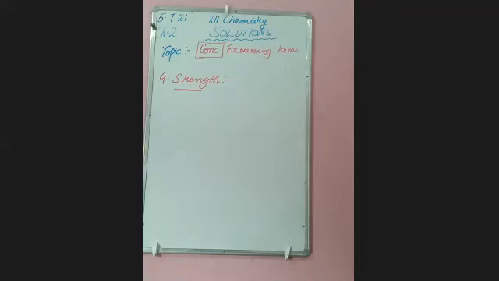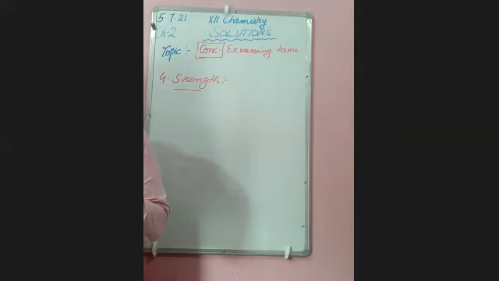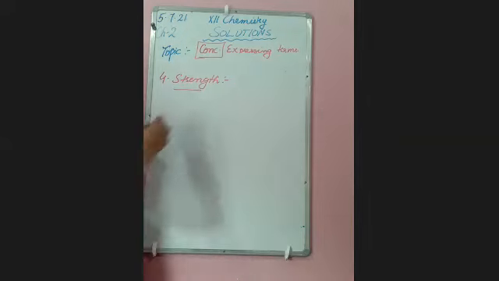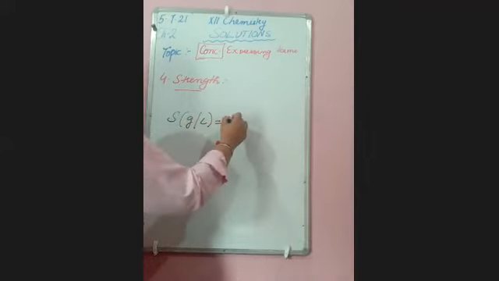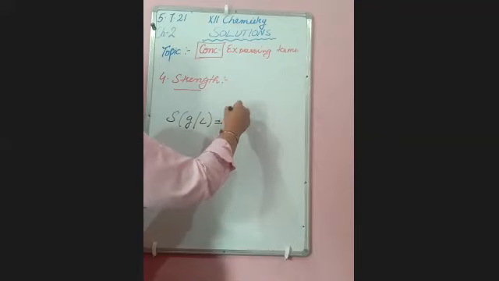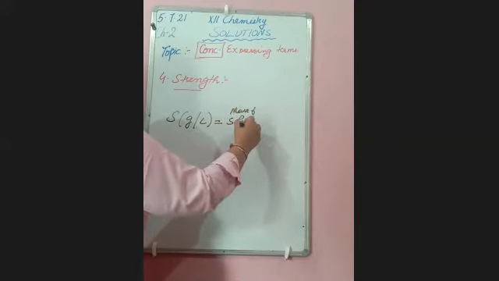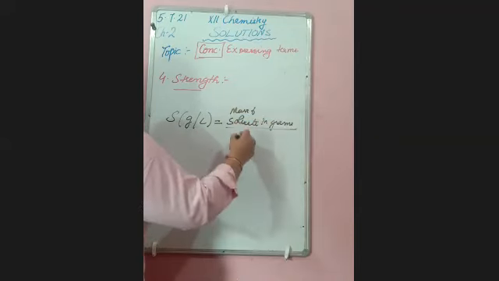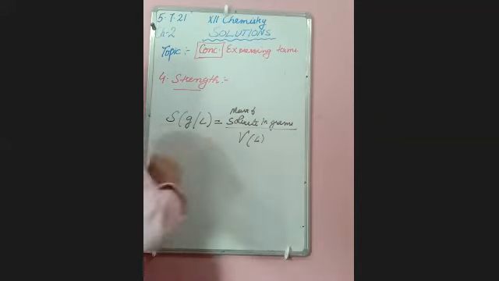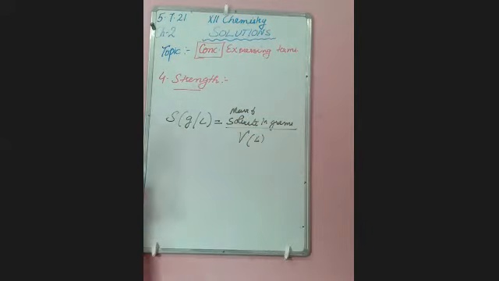So the units of strength are gram per liter: mass of solute in grams over volume in liters. So it is the mass of solute in grams present per liter of solution.